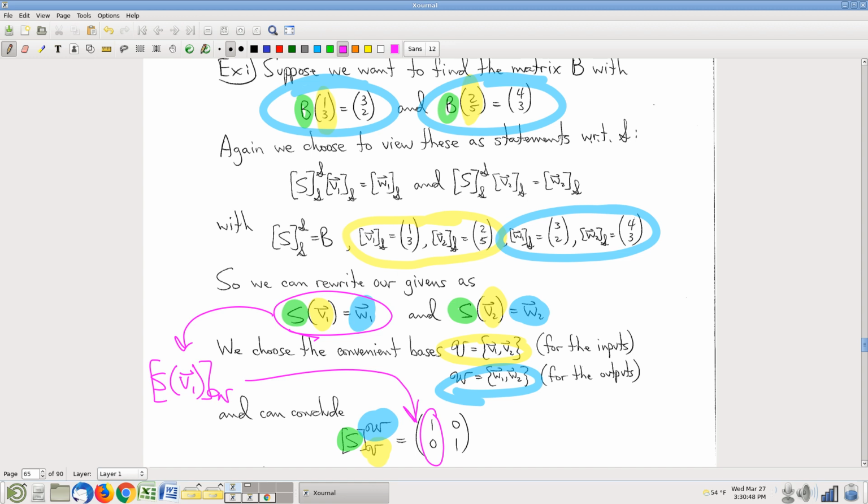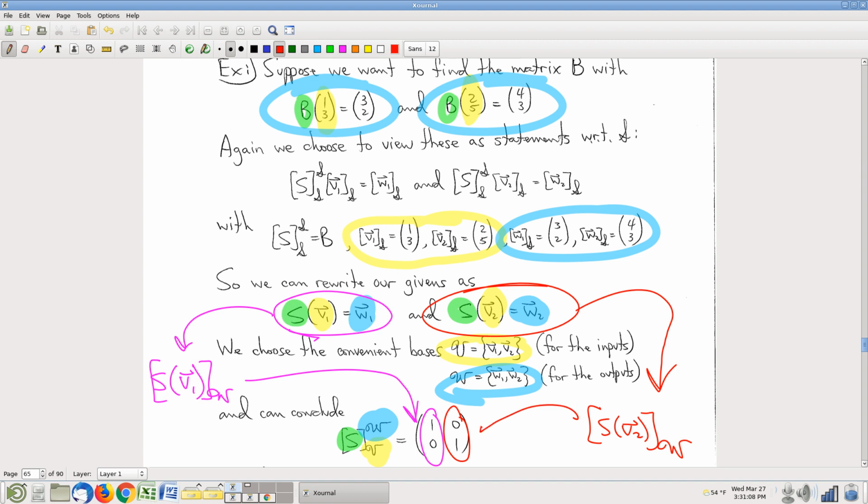Okay, likewise, now let's look at the second column. Where does the second column come from? Well, ultimately it comes from this equation. More specifically, it comes from understanding what is S of V2 with respect to the script W basis. Right, this is the formula for how I compute the second column.